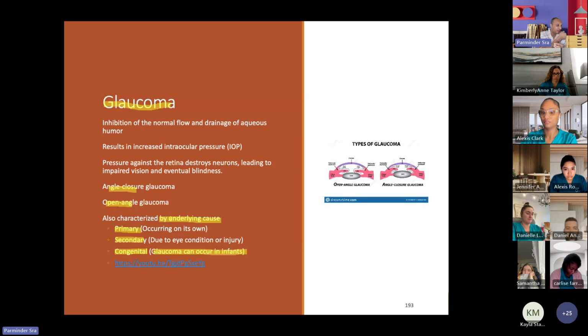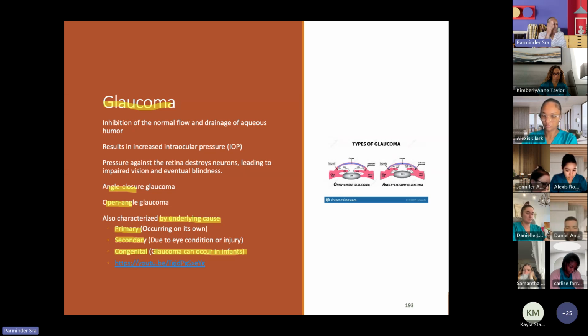The patient should be in the emergency department, and this happens suddenly. Okay, sudden onset, and the patient experiences sharp pain, pressure in the eye, and they can rapidly lose their vision. So they should be in the hospital right away.